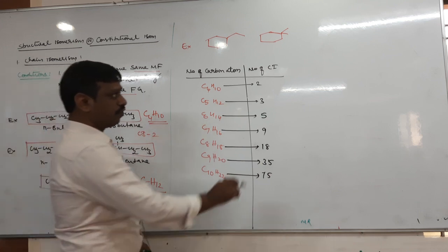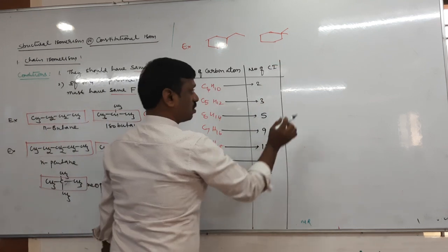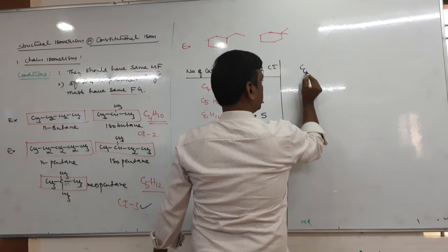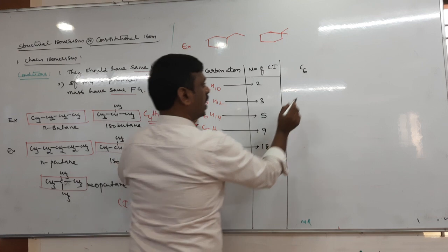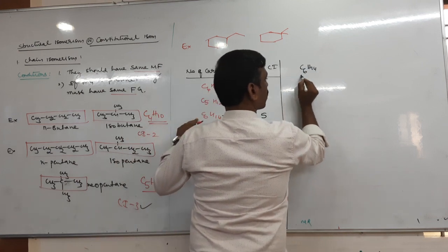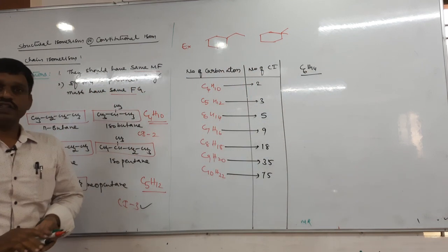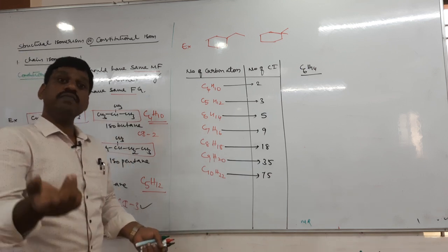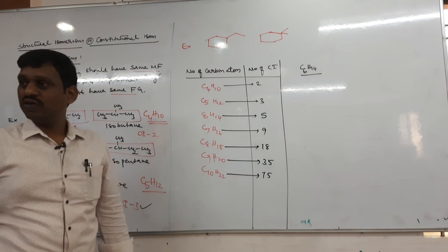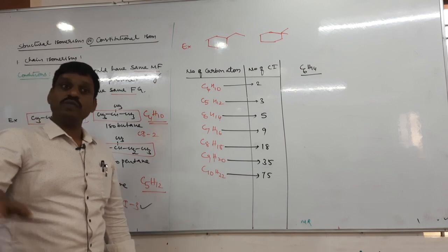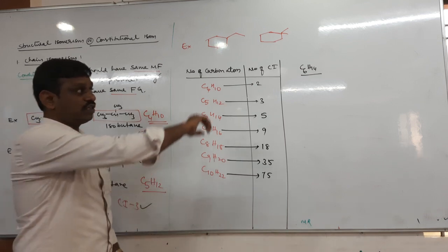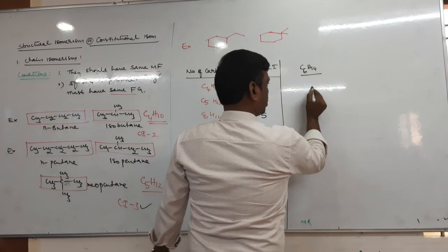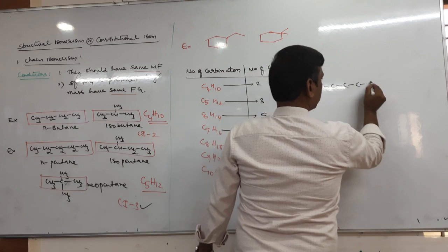Okay. Then for example, what is the number of chain isomers with C6H14? Okay. With C6H14, how many chain isomers are possible? And sometimes they ask the IUPAC name also. Which of the following isomers is possible or not possible with this molecular formula? So therefore, you do it like this. It is 6 carbon, no? 1, 2, 3, 4, 5, 6. This is 1.